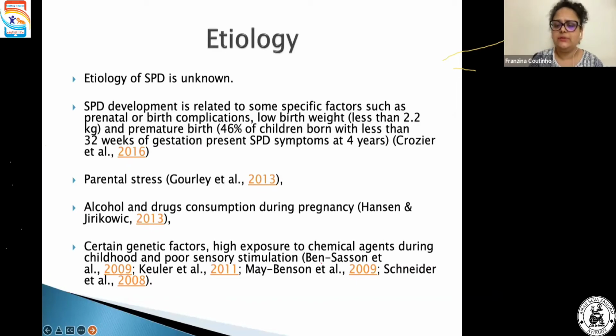They typically present with sensory processing difficulties if not stimulated enough by the time they're 4 years old. If there's excessive parental stress, like a death in the family, abuse, things like that, alcohol and drug consumption in pregnancy, and certain genetic factors and exposure to chemical agents during childhood could also cause SPD, right?